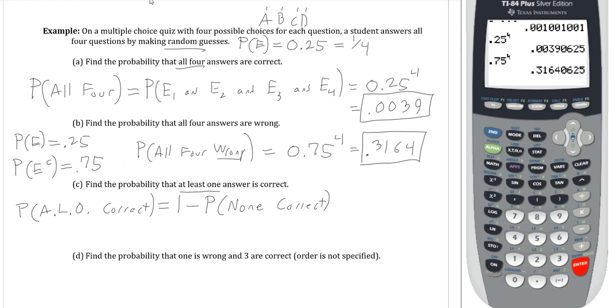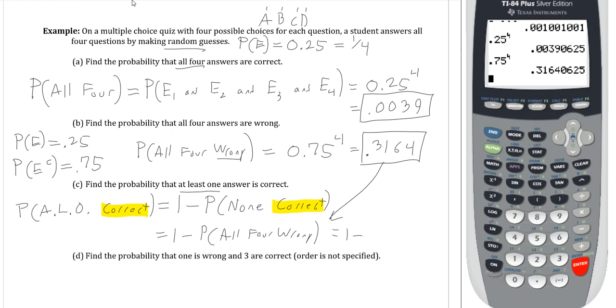So since we were looking at the probability of at least one being correct, we can do 1 minus the probability of none being correct. Well, none of them being correct is the same thing as the probability of all 4 being wrong, which is what we just did.